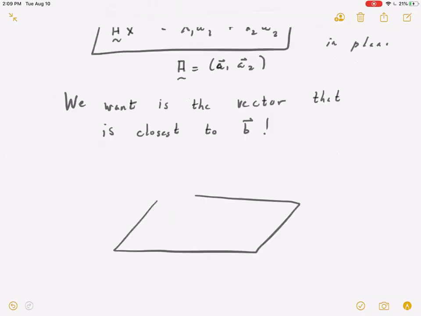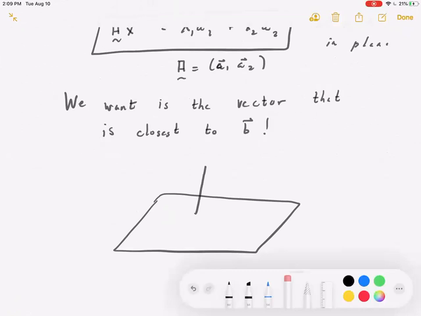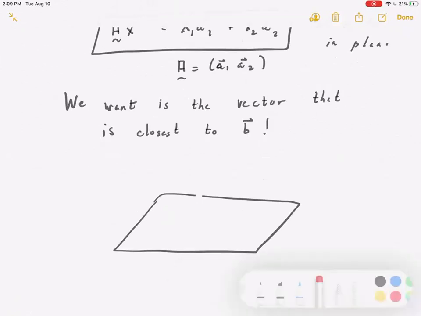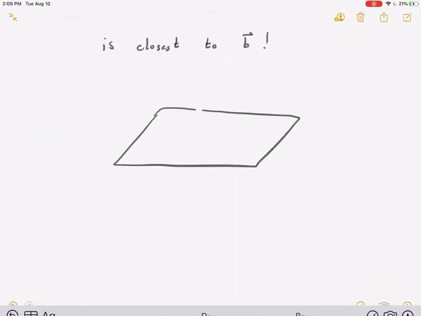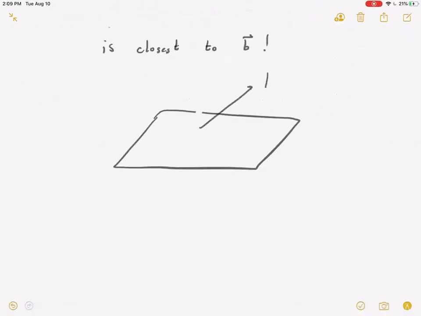And let's draw the figure again. So here's our vector B. Our plane is just determined by this matrix vector multiplication.